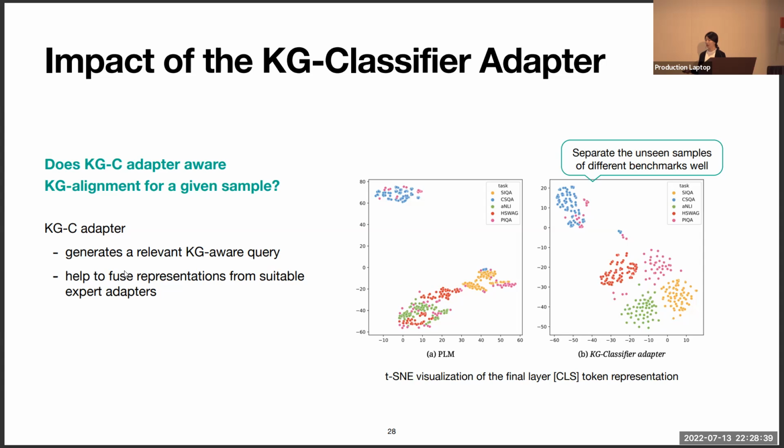As you can see, the representation of the KG classifier adapter classified the unseen samples of different benchmarks better. So we can say that the KG classifier adapter generates a relevant KG-aware query, and it will help to fuse representations from suitable expert adapters in our framework.